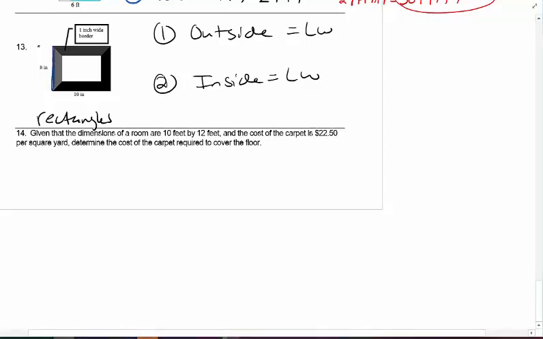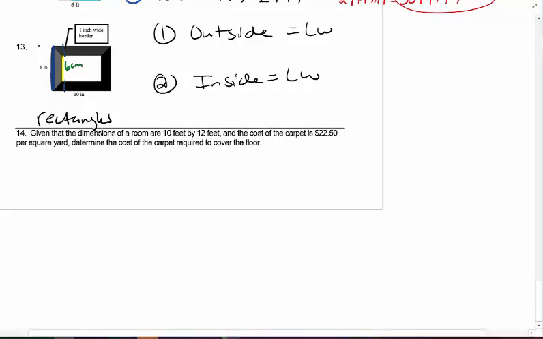This whole distance here is 8 inches, but the border is 1 inch wide everywhere. So that means that this piece right here is 1, and this piece here is 1. So the distance that is left over on this inside piece would be 8 minus 1 minus 1, or 8 minus 2, which should give me 6 centimeters for that length.